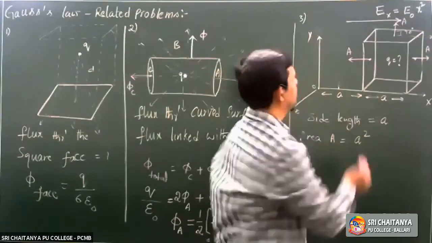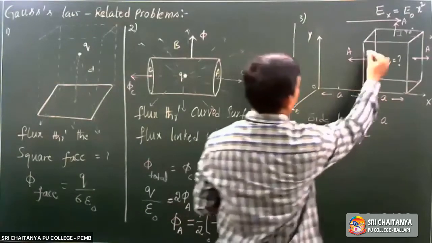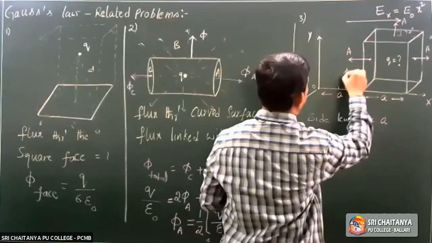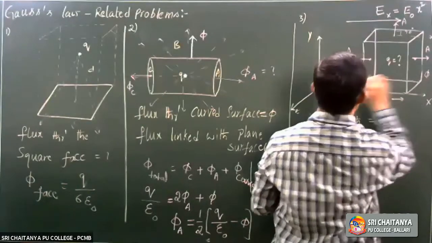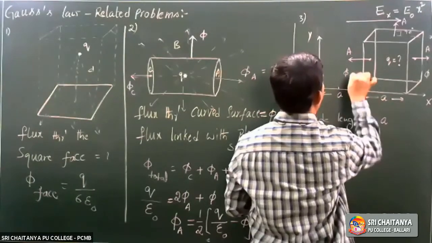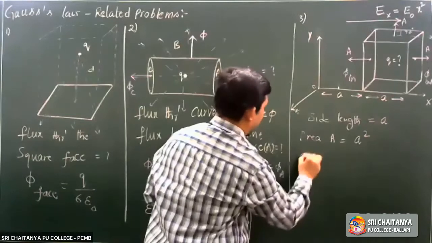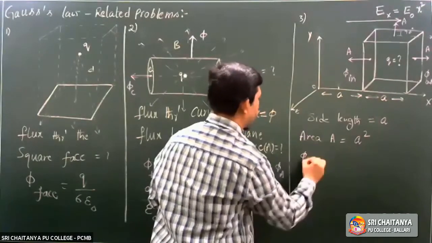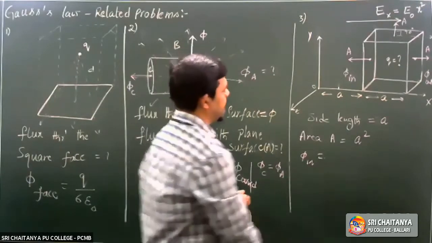Okay. Here, what is the entering flux? Here I take it as entering flux, and here I take it as leaving flux: phi in, phi out. From the diagram, can we write what is phi in? What is the formula?